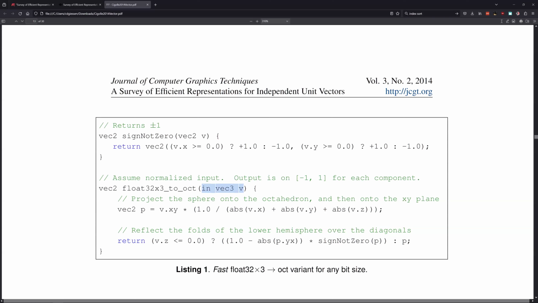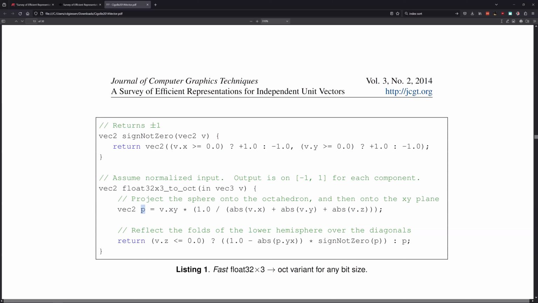Okay, assume it's normalized, project onto the octahedron, and then onto the plane. So we have the XY coordinate, we multiply it by 1 over the positive x-axis, positive y-axis, and positive z all added together. I guess, yeah, we're dividing. Oh, this is adding the x and the y and the z. I was gonna say it's dividing the z out onto p.